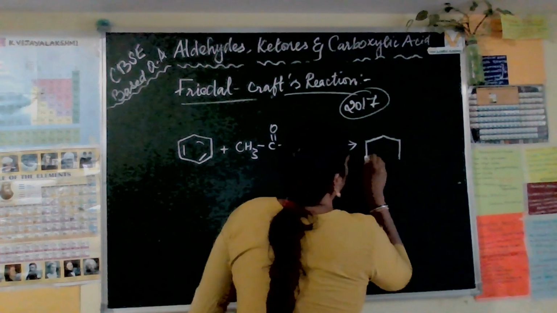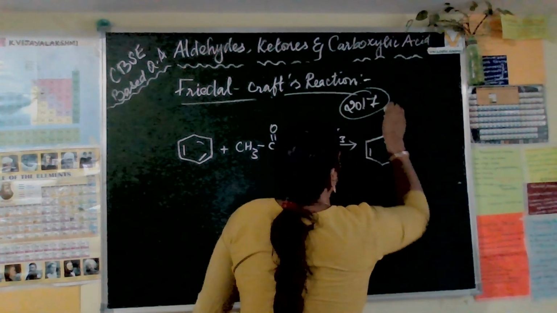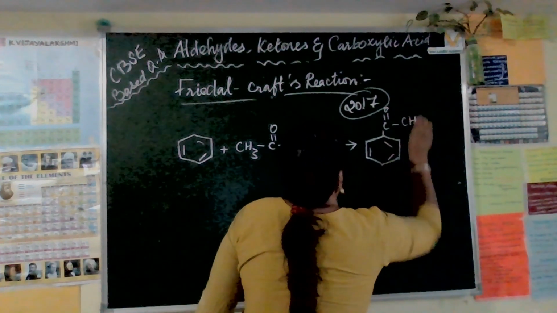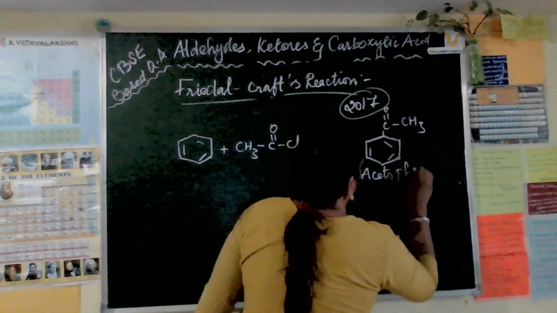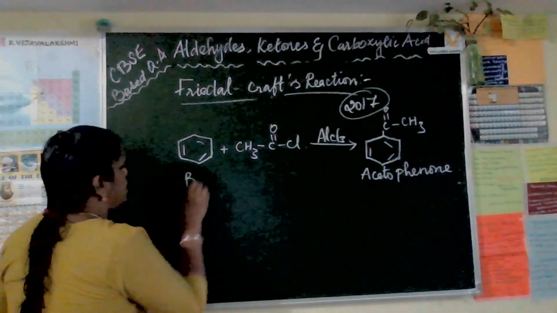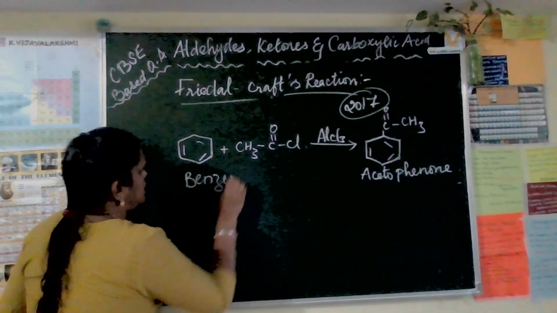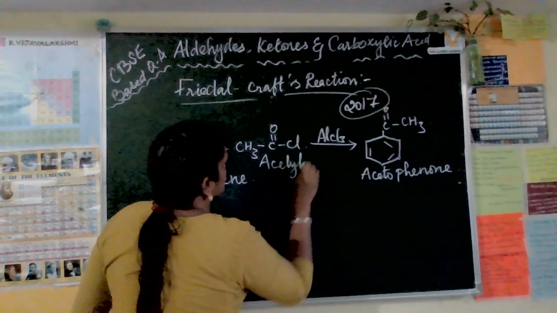You will get acetophenone, C6H5 C double bond O CH3. This is called acetophenone. This is benzene, and this is acetyl chloride.